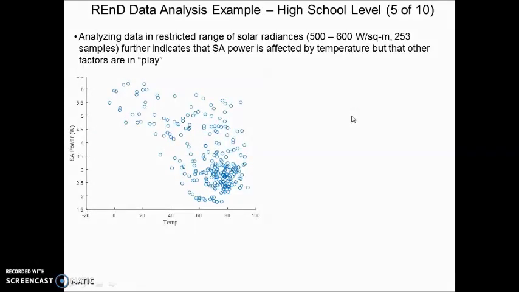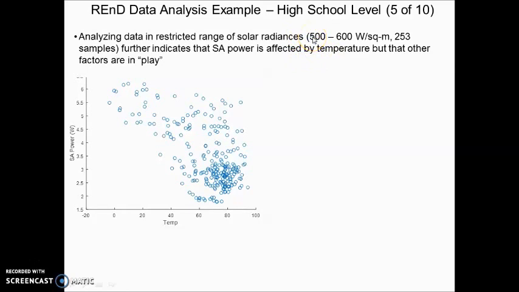So given that temperature wasn't having a real strong effect, I was beginning to get concerned that we might not be able to develop a real good model of the data for the solar array to predict the power. A technique that's often useful in analyzing data is to focus attention on a smaller subset.